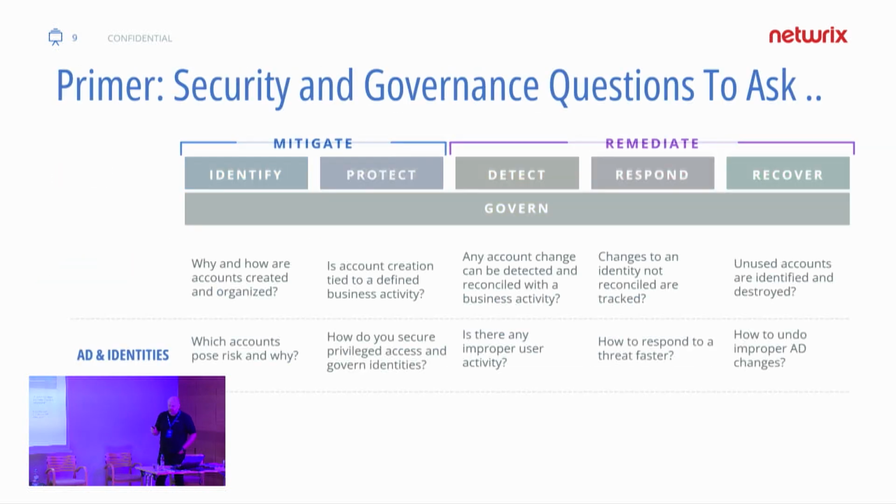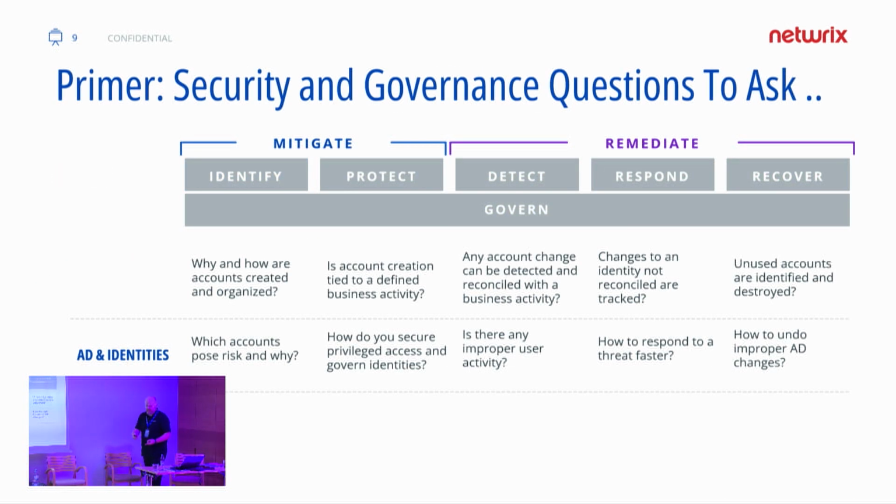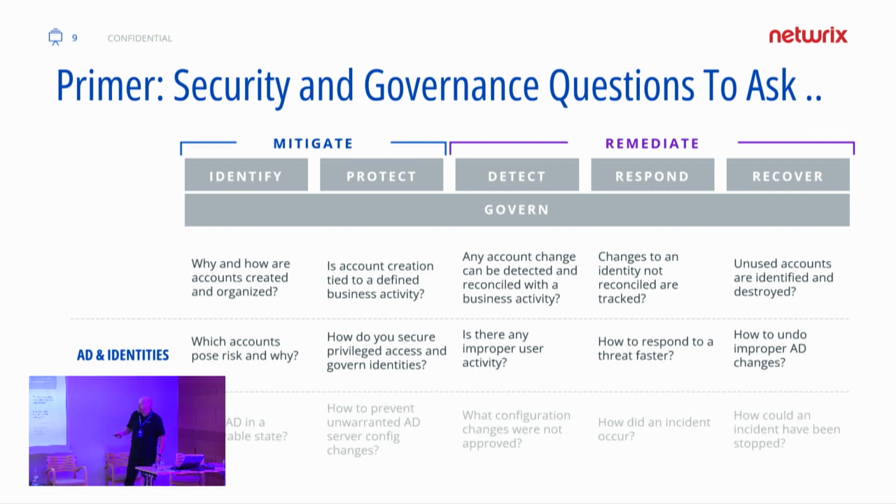As a primer, the onset of the talk was to have a blueprint, good for all of us. I'm already ahead of time in terms of my slides. The primer of security and governance questions to ask. One line is missing: to ask whom? Yourself, your organization, your peers.